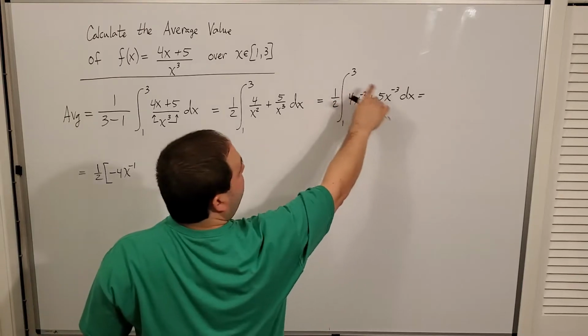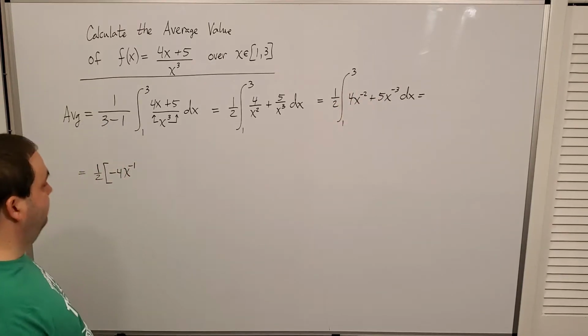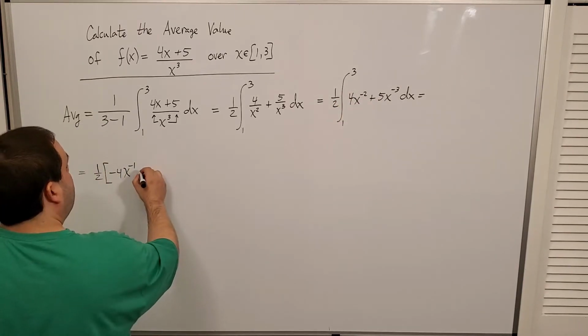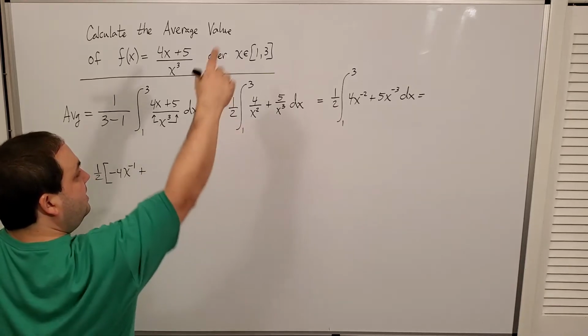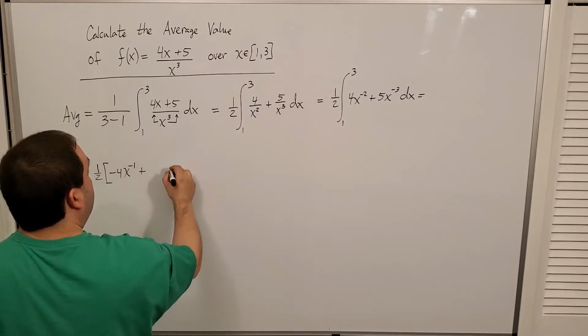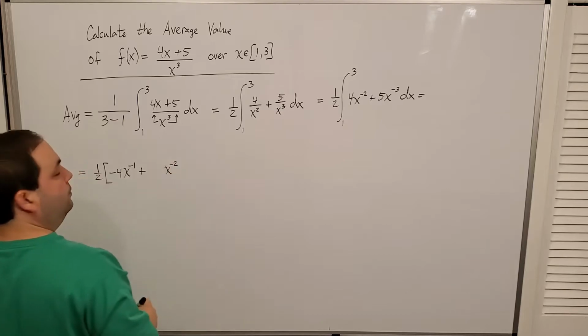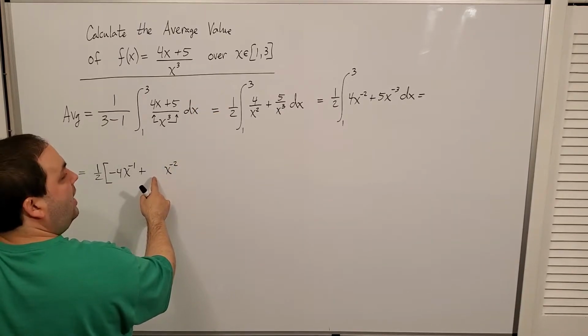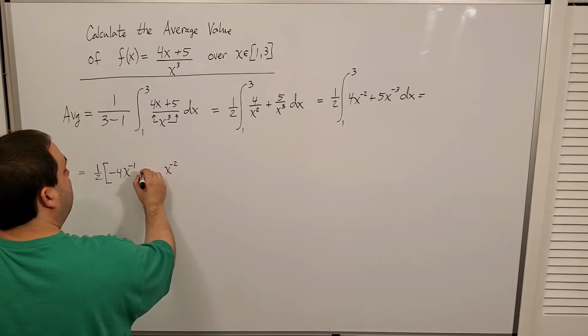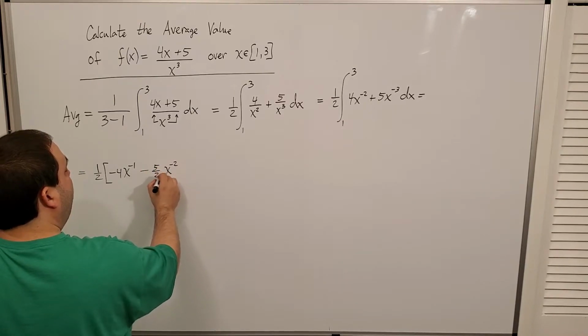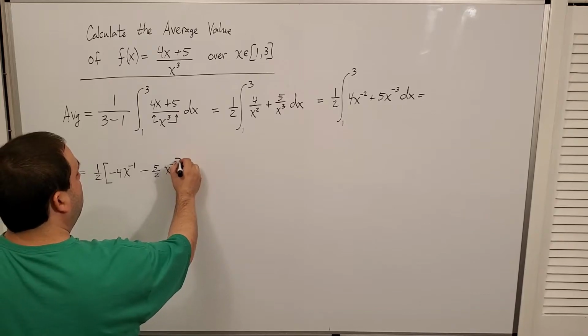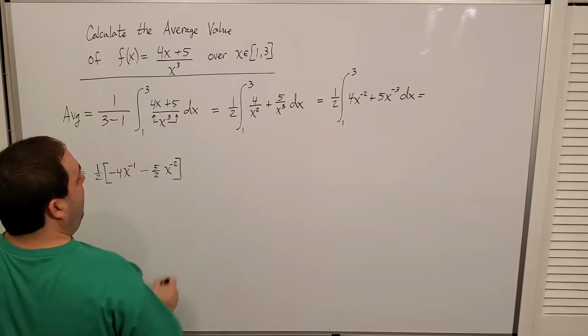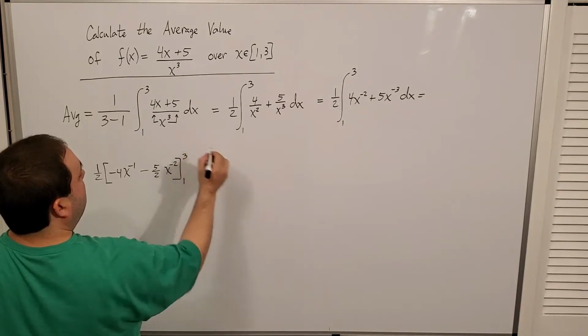Because it'll be 4 divided by negative 1. Plus x to the negative 3. If I add 1, I get x to the negative 2. And then I divide by the new power. I'm going to divide by negative 2. So that's going to be minus 5 over 2. And then this is going to be evaluated from 1 to 3.